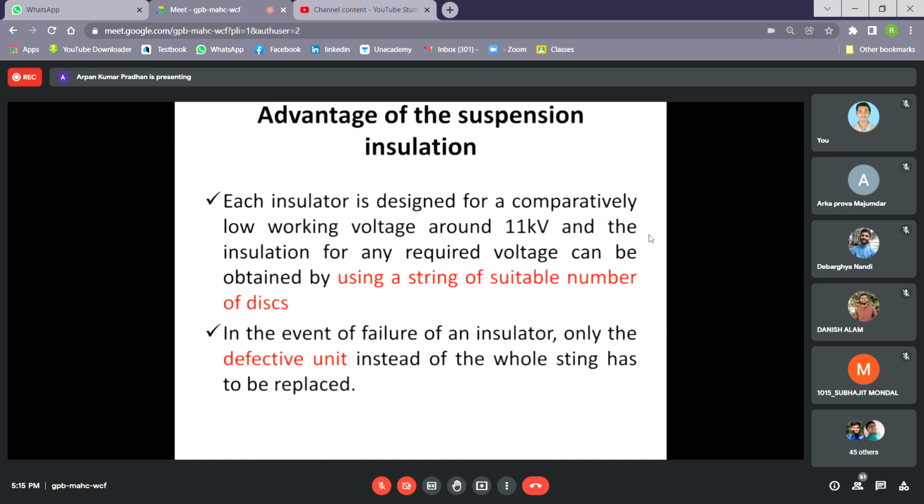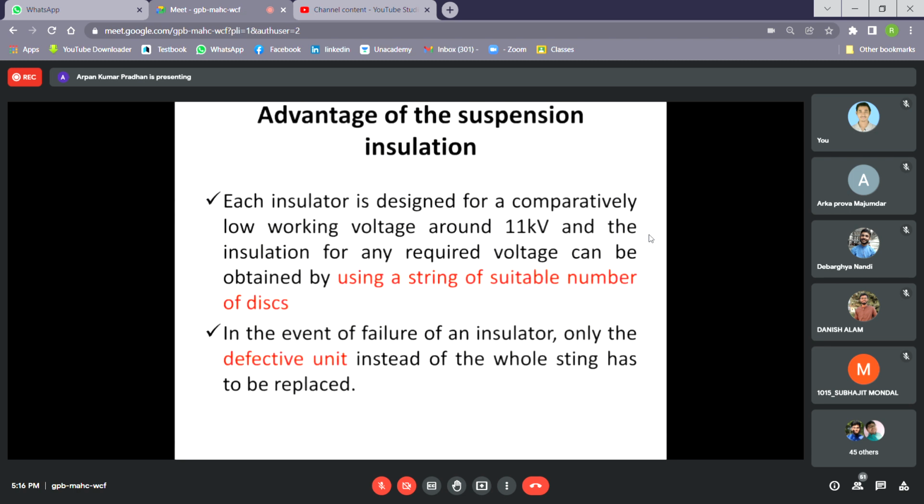Suppose you are going to use the insulator for 33 kV, you can design an insulator based on 33 kV. But sometimes you require an insulator for another voltage like 66 kV.